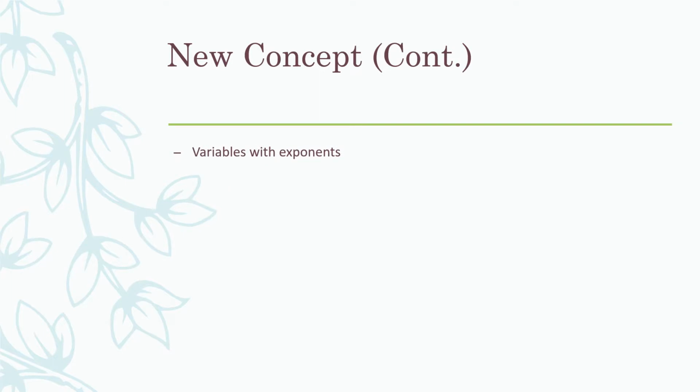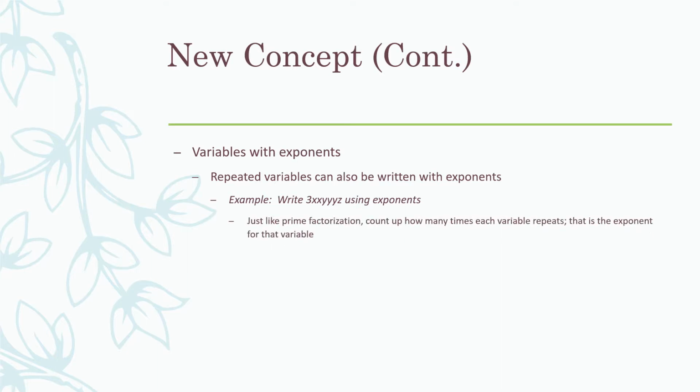We can also write variables with exponents if we have repeated variables. So just like the prime factorization, we count how many times each variable shows up. So 3x, y, y, y, z using exponents. We count up each variable, and however many times it shows up, that's the exponent for that variable.